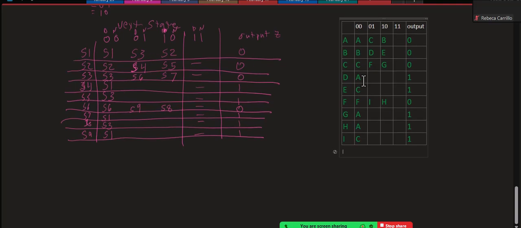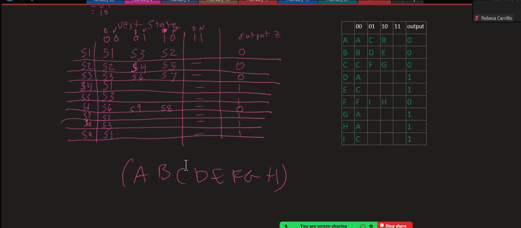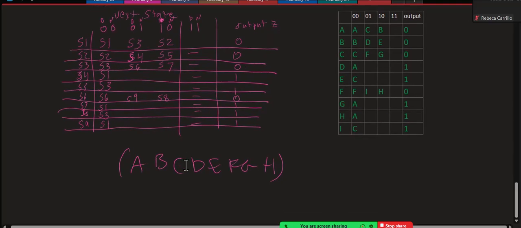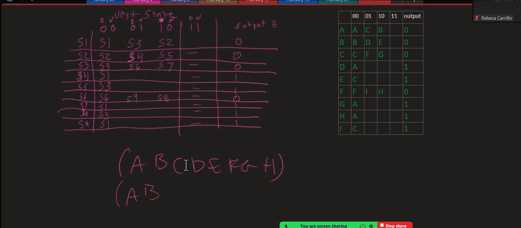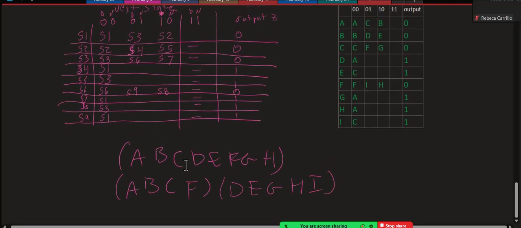So our first partition will be A, B, C, D, E, F, G, H. And then we can break it up based on outputs. So I'll have A, B, C, F, and D, E, G, H, I. And now I'll look at my 0 successors.